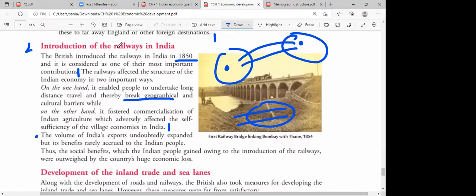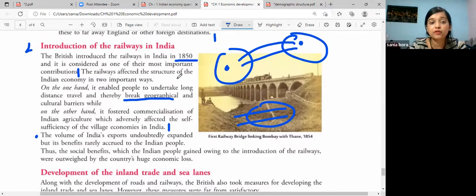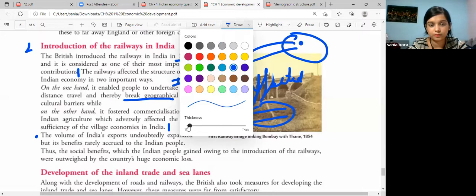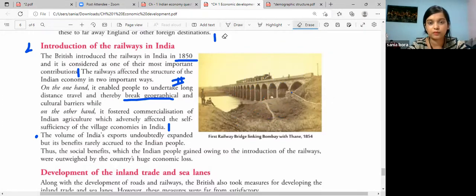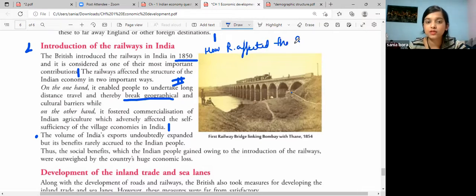So now you will write second, introduction of railway. Till here you will write, and after that you will write how railway affected the structure of Indian economy.